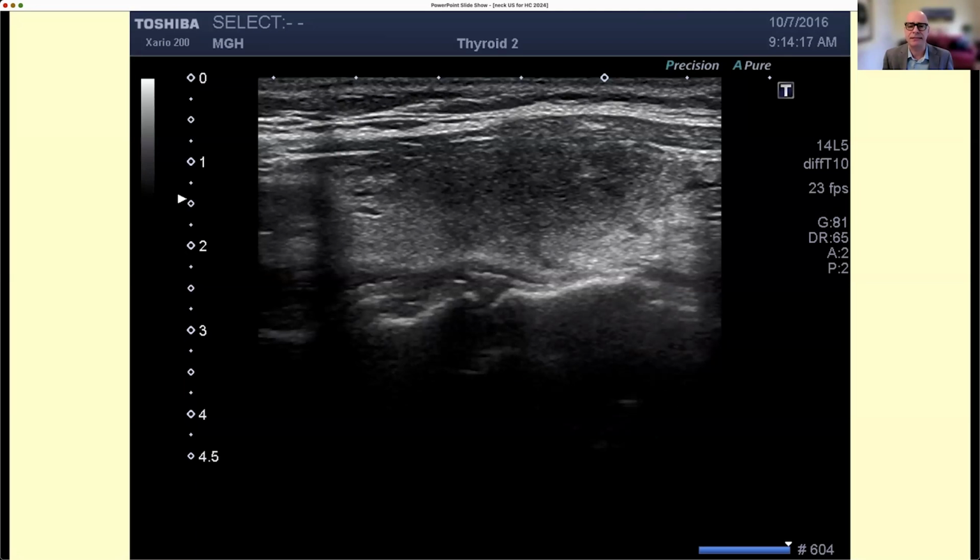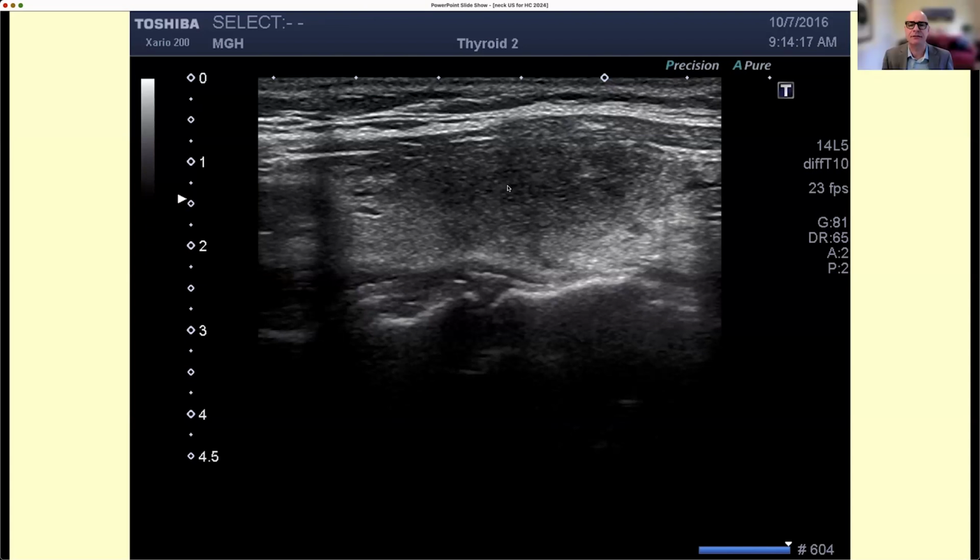Anybody want to describe this appearance? We've seen that picture. Thyroiditis? Say that again, please. Subacute thyroiditis. Excellent. And why do you say that? Ill-defined borders. Exactly, margins. So what's the texture?